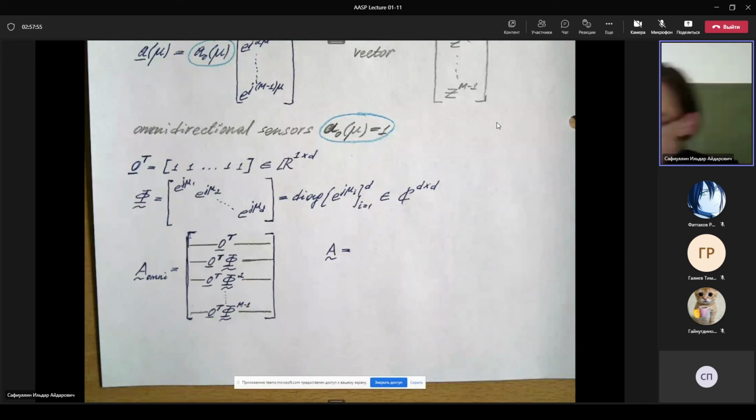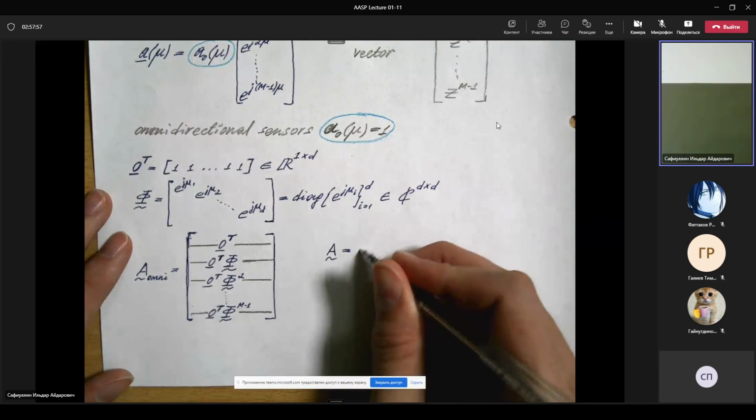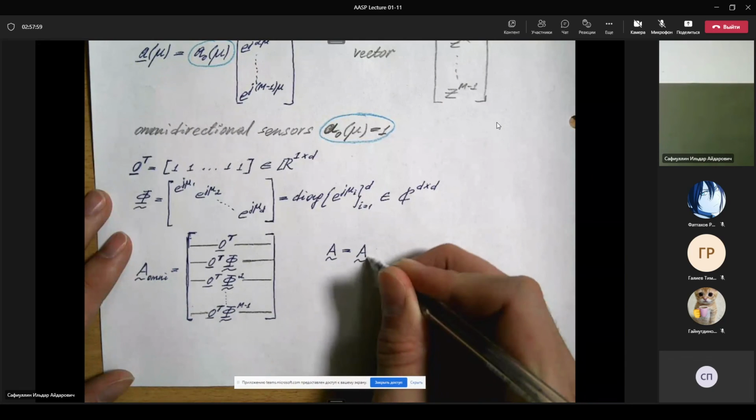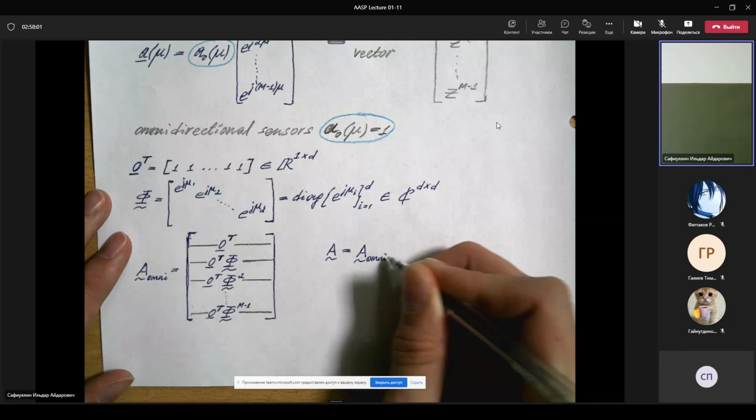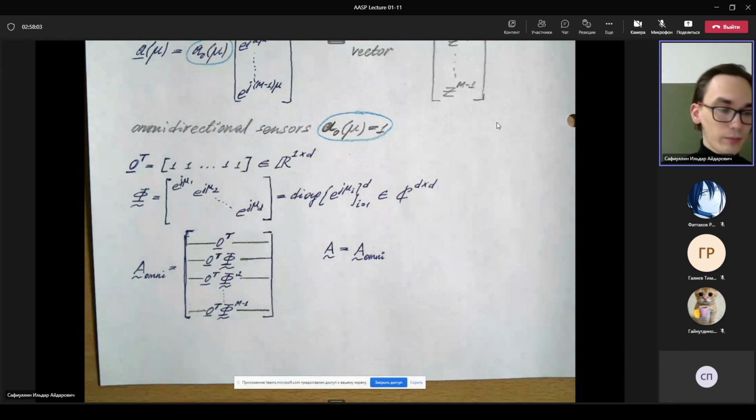Matrix A is equal to matrix A omnidirectional, and we multiply it with different complex directivity patterns.